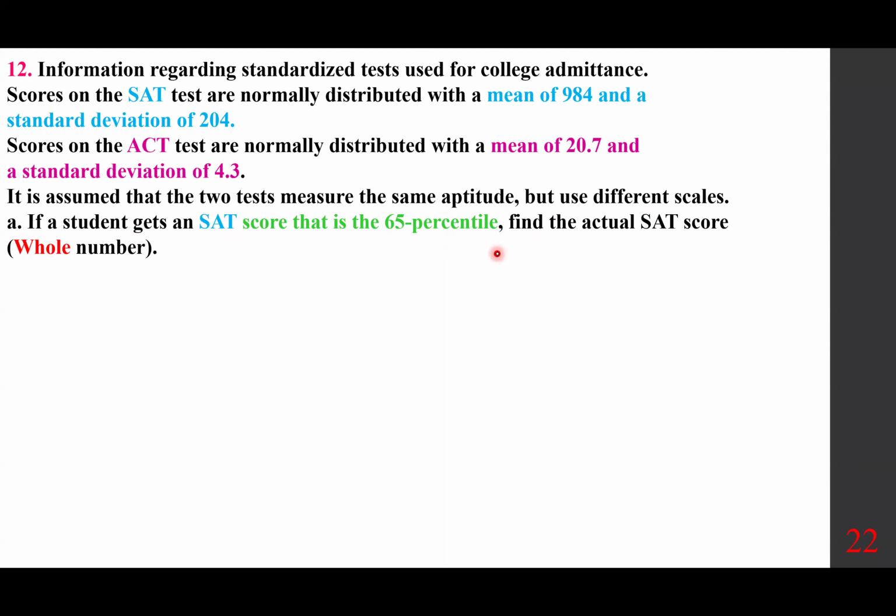So what is the process here? First, let's write the given. For SAT scores, the mean mu is 984, sigma is 204. For ACT, the mean mu is 20.7, and sigma is 4.3. So that's the first thing we want to write.